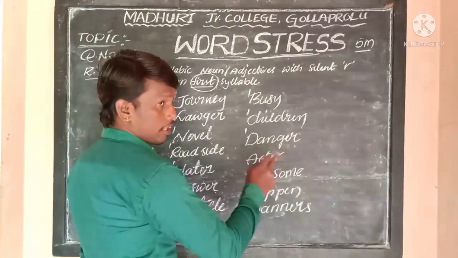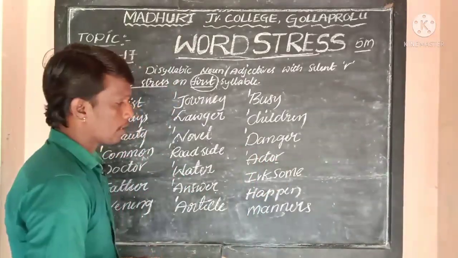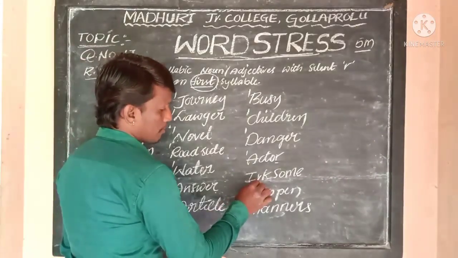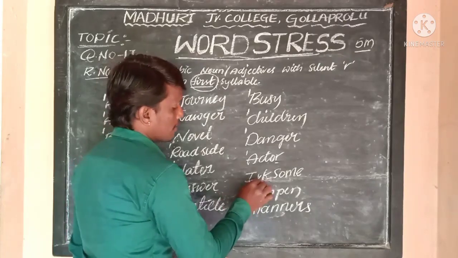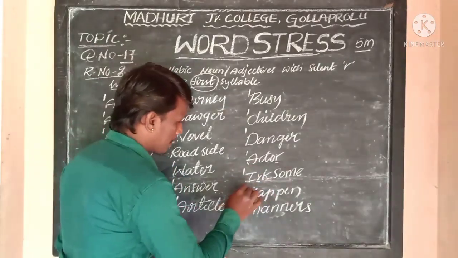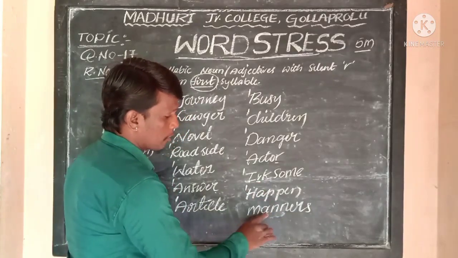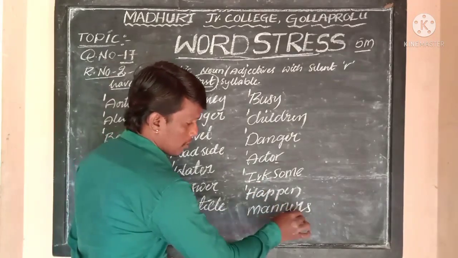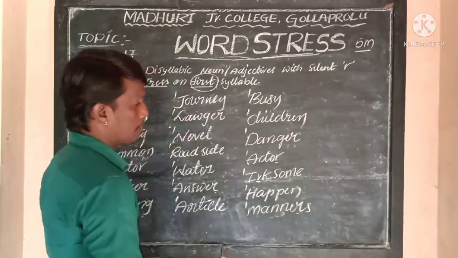And danger, R is silent, so stress is on the first syllable. Actor, R is silent, stress is on the first syllable. And irksome, we should not pronounce the R, it is icksome, R is silent, so stress is on the first syllable. And happen, stress is on the first syllable because it is a disyllabic word. And manners, R is slightly pronounced, so stress is on the first syllable.